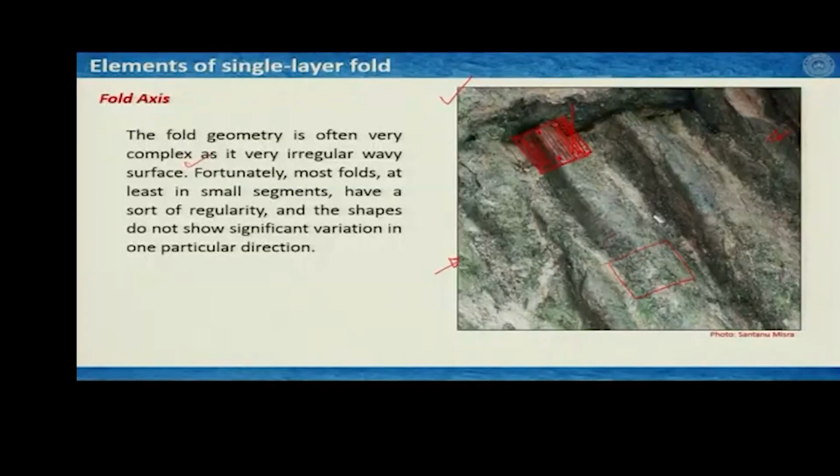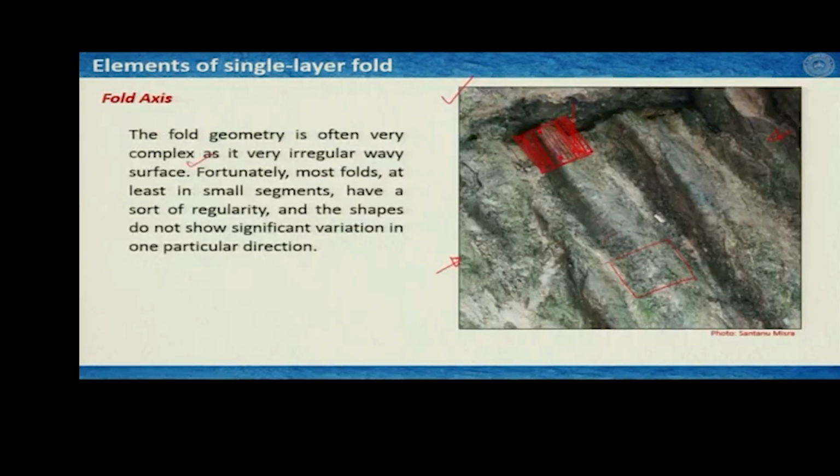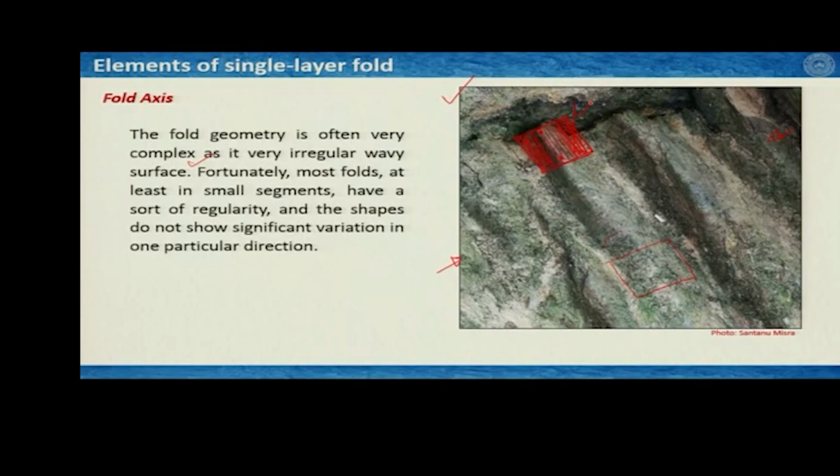Now, in this case, the directions of all these lines are parallel to each other. So, we can define the fold axis in this manner. We will learn it later, but before that, let us see how we can conceive this fold axis in a different way.